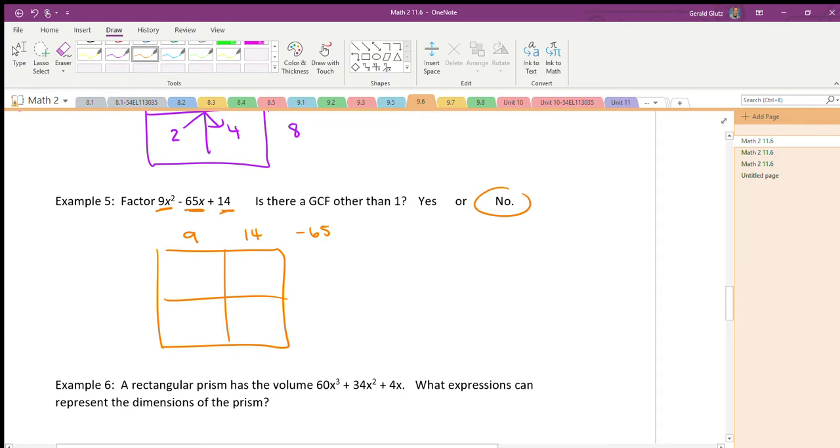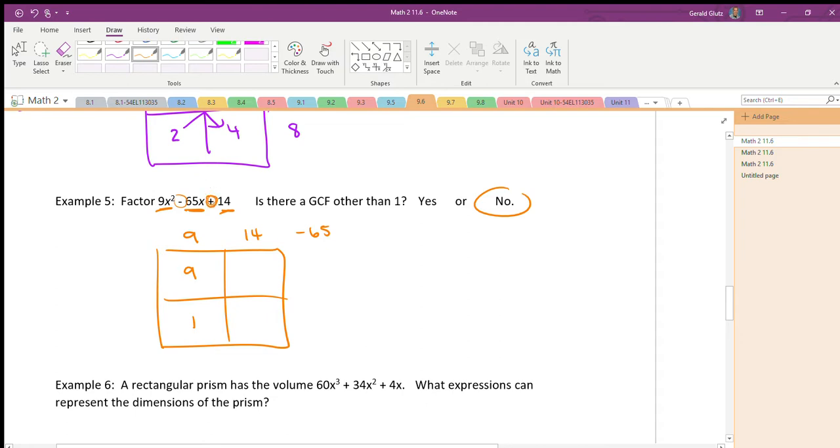So two numbers that multiply together to equal 9. I'm going to try 9 and 1 here because I happen to know what the answer might be here. So this sign is negative, which means when I add the two numbers together, they have to equal a negative number. This sign is positive.